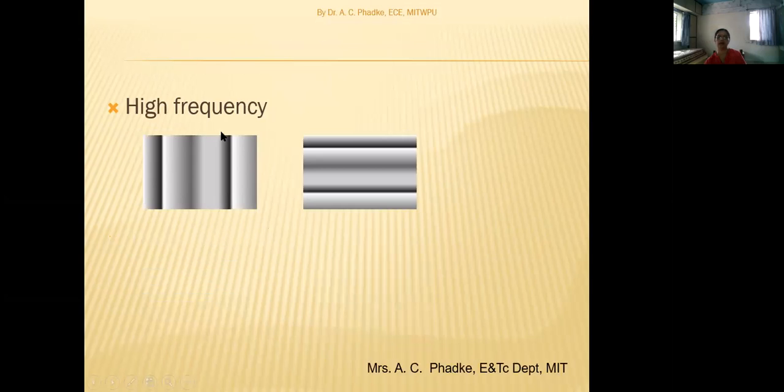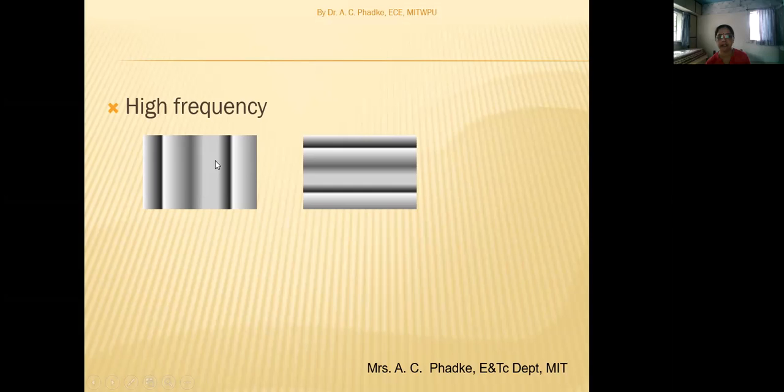Now let us move to one more example. If you look at these images, here there is frequency variation. There is lots of variation in pixel intensity values. Initially you have a transition from bright to dark. Again there is an abrupt transition to bright. Again it varies to other gray shades.